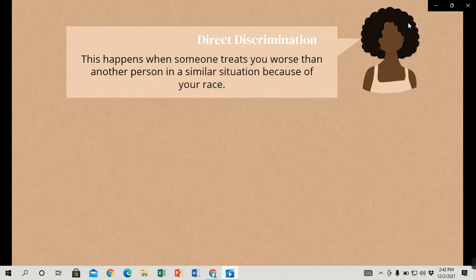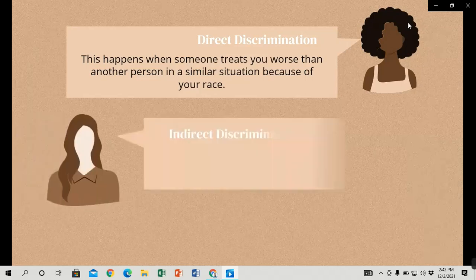For example, a white person comes to this place and is treated nicely, and then you come along and they see that you are different from them, so you are treated worse. That is an example of direct discrimination. Because you are different, because of your race, because of your belief, you are treated worse.